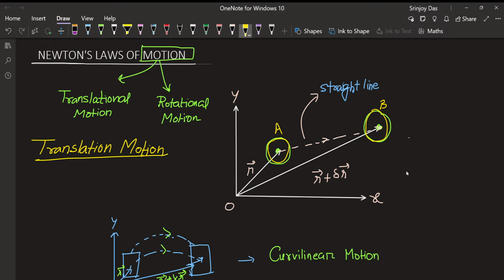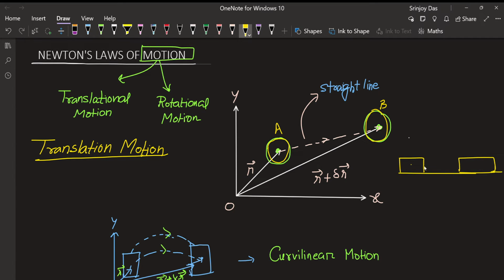You can just see it like this, moving from here to here. It is a translation motion. I am just trying to show you that block, it is a good example.